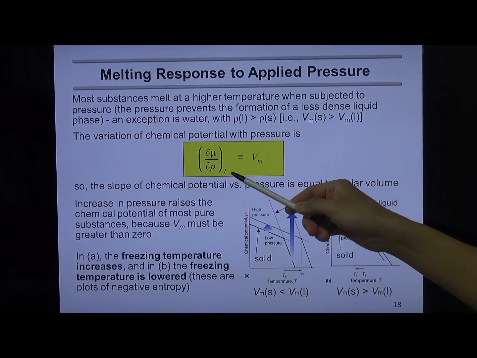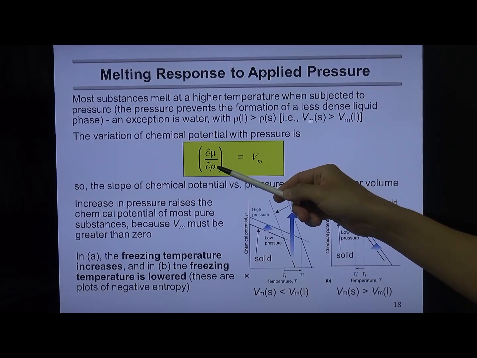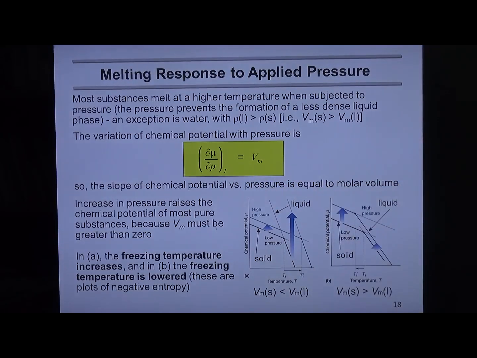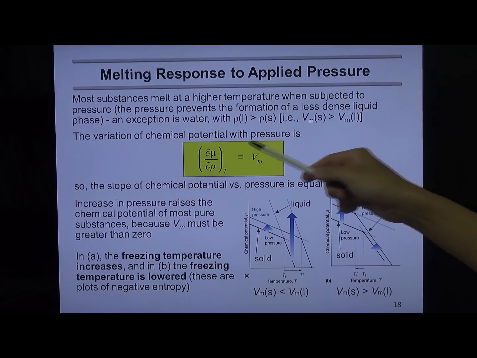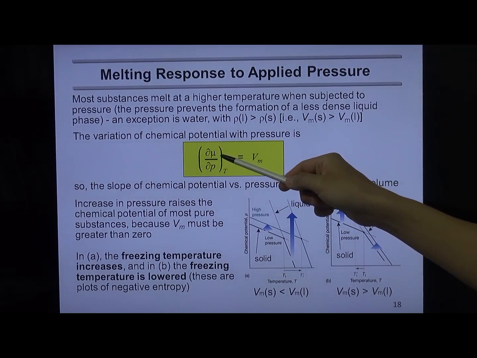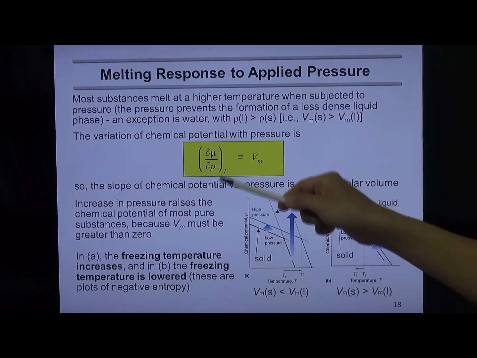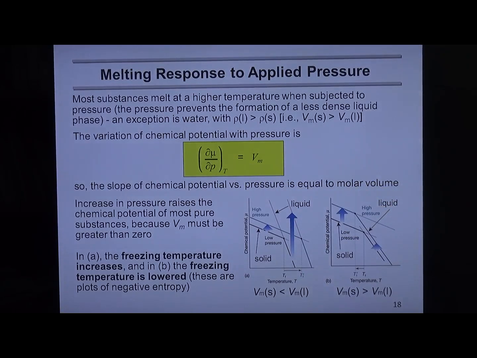At constant temperature, the chemical potential change as a function of pressure corresponds to molar volume, right? And molar volume is positive, which means that chemical potential increases as pressure increases.